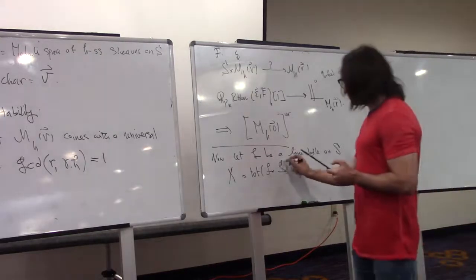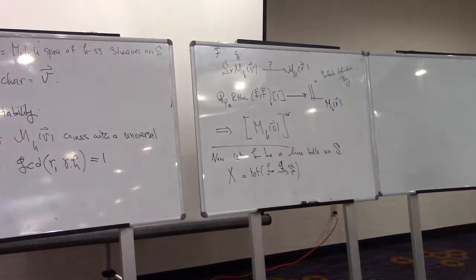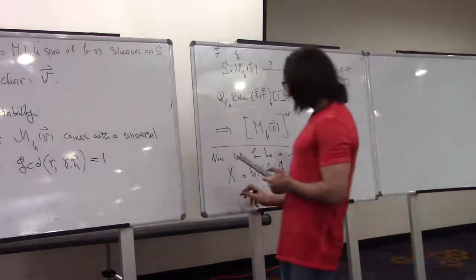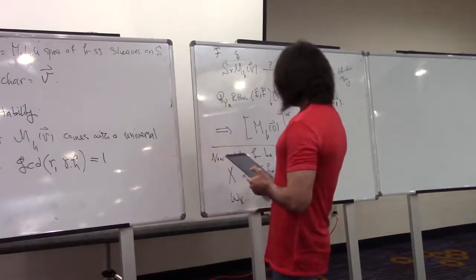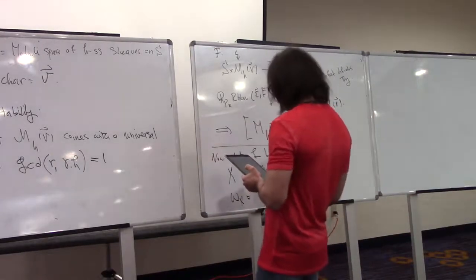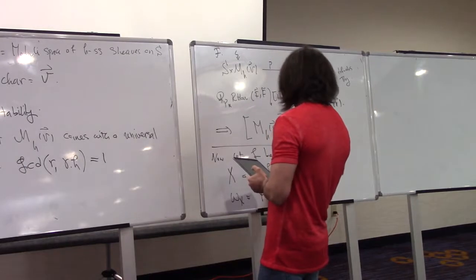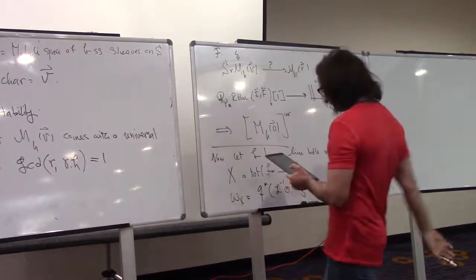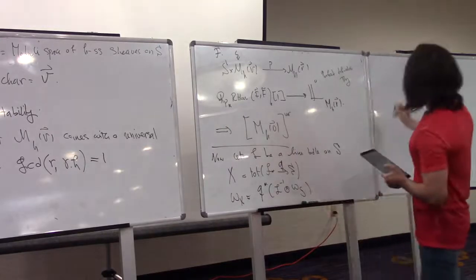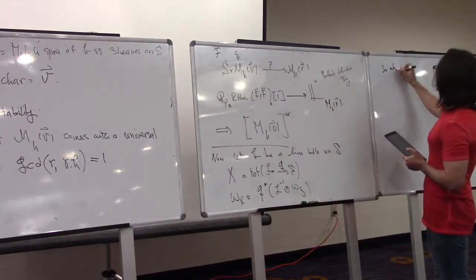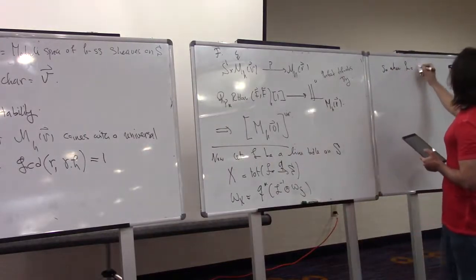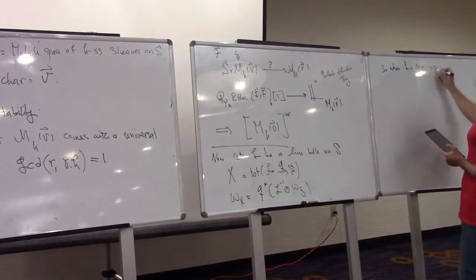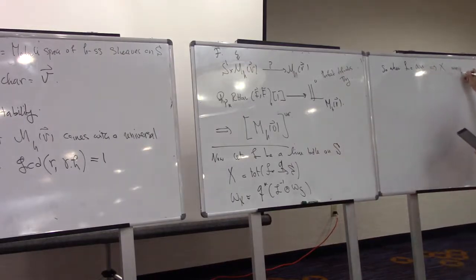I'm going to call this projection map from the line bundle onto the surface q. Then the canonical bundle of this threefold is the pullback of L inverse times the canonical bundle of the surface. So when the line bundle is the canonical bundle, then X is a non-compact Calabi-Yau threefold.